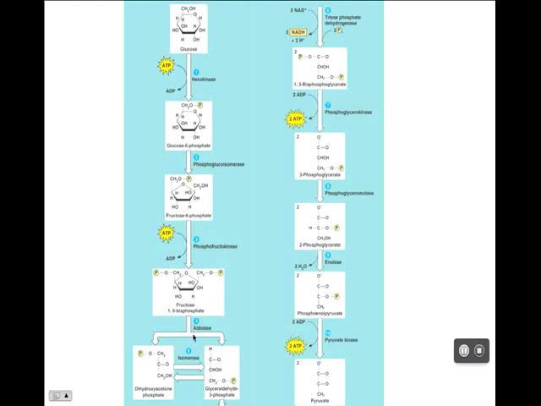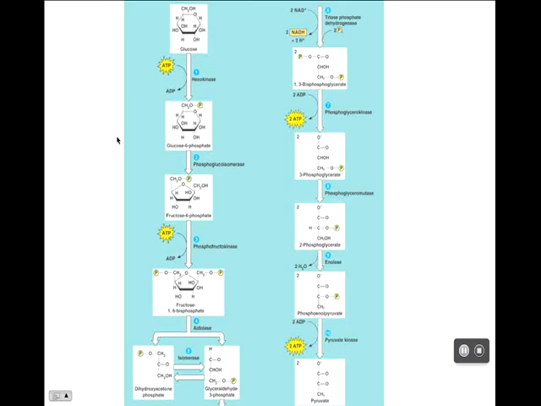Here, an enzyme called aldolase is splitting up this large 6-carbon structure into the two 3-carbon structures. They then continue on, eventually becoming pyruvate through all of these steps. Notice the production of ATP along the way. Notice the change here from NAD into NADH along the way. Now again, I do not want you to know all of the enzymes and all of the intermediaries.